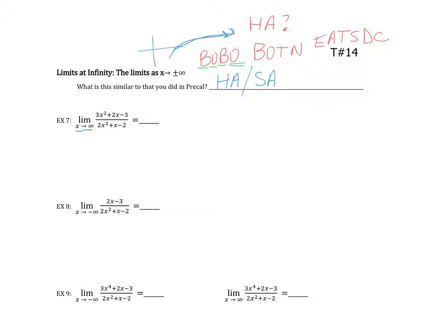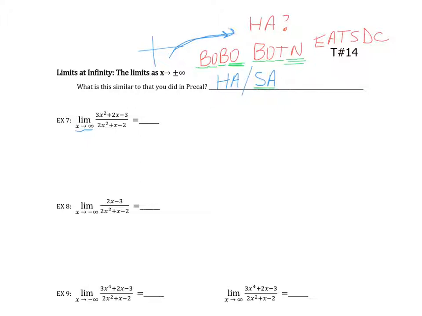Because remember, when you're looking for the HA or the slant asymptote, you only look at the highest powers. Because when x is a billion, the +2 is not going to do a whole lot. So it's only the highest powers that are really going to matter. So bigger on bottom, the HA was 0. Bigger on top, it had no HA.